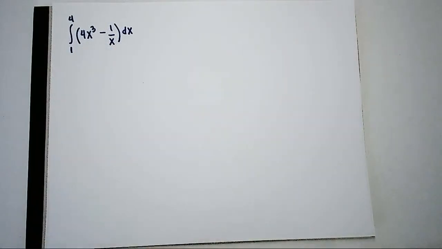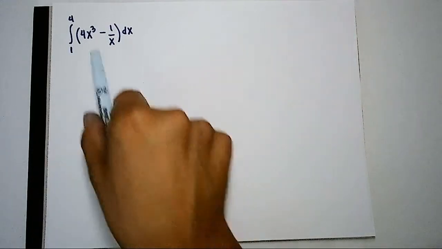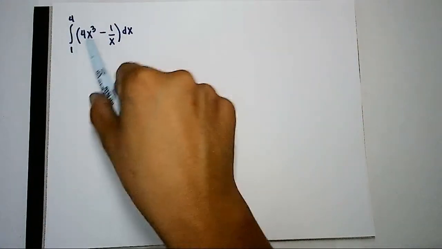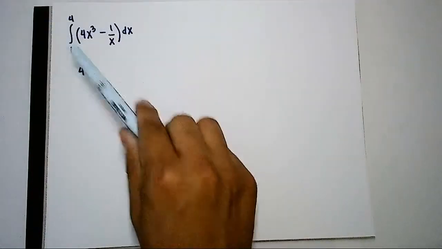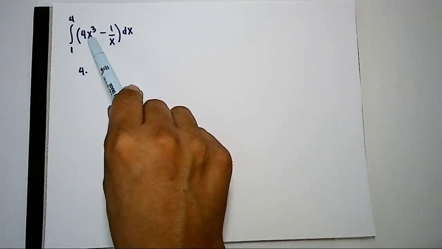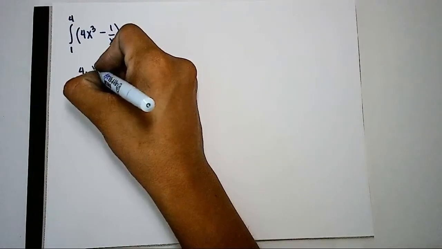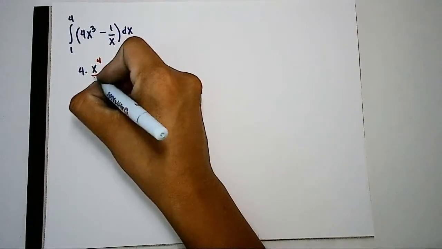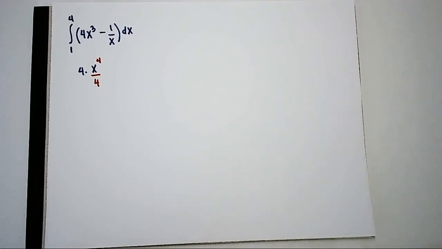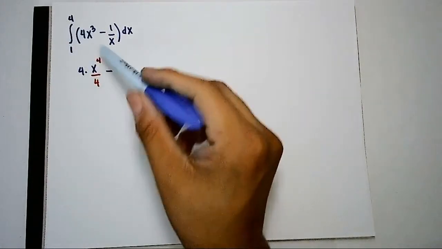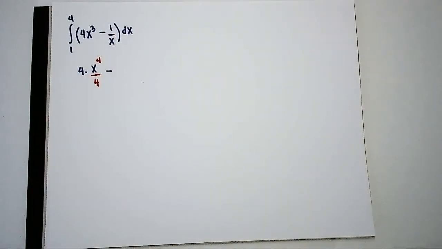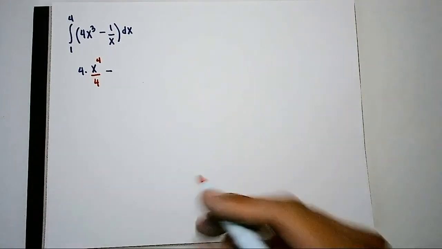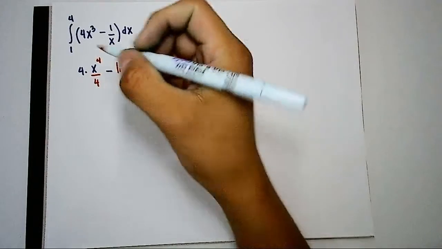Again, we have two terms. The integral of this first term will be 4, which is the constant part, times the integral of x to the third, which is x to the fourth divided by 4, minus the integral of 1 over x, which is a special case. This is natural log of x.